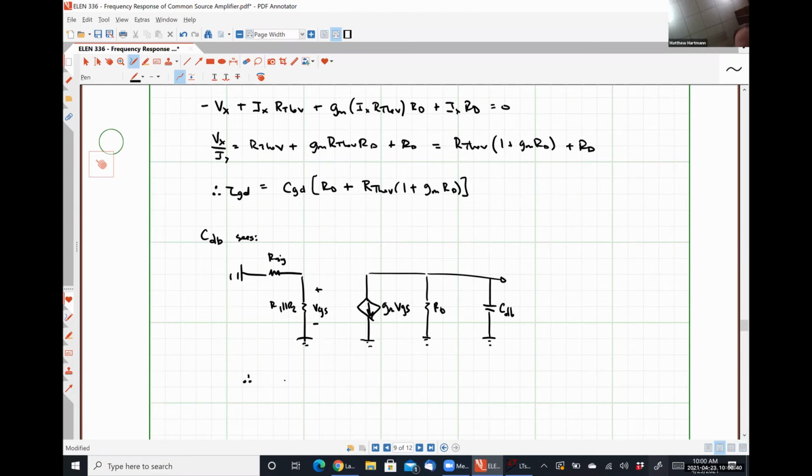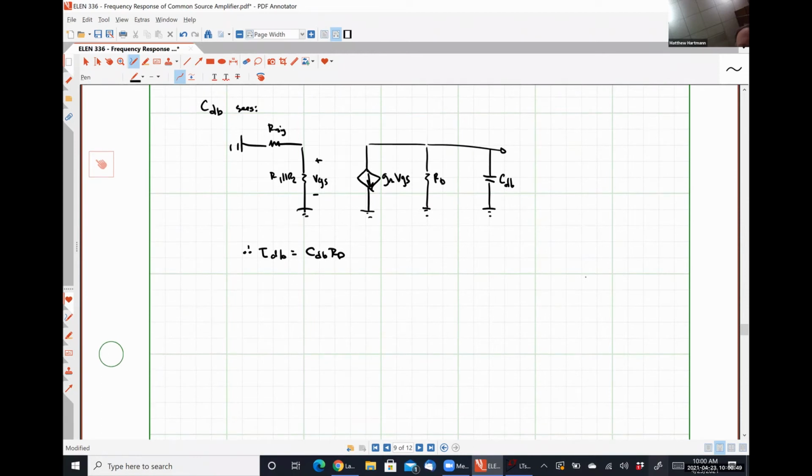And from this, tau dB is CDB RD, and omega high is then approximately going to be 1 over CGS times R thev plus CGD times RD plus R thev times 1 plus GM RD plus CDB RD.